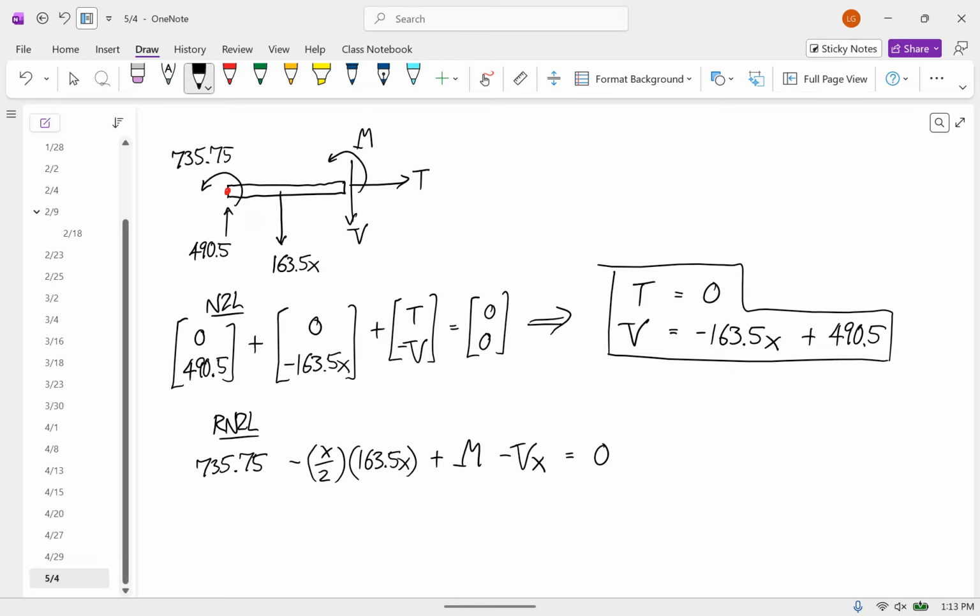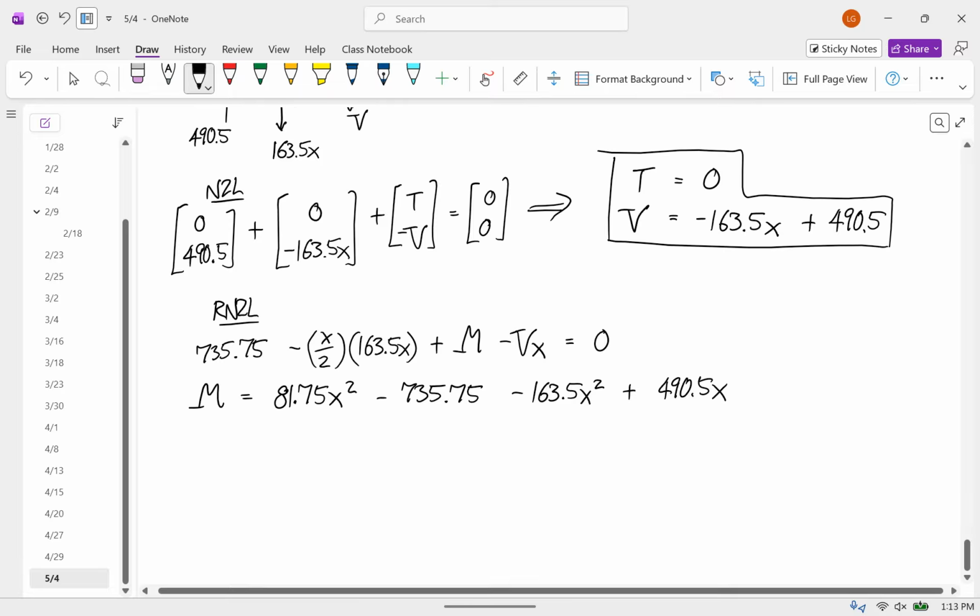And so this says that M is equal to positive 81.75x squared minus 735.75 minus 163.5x squared plus 490.5x.